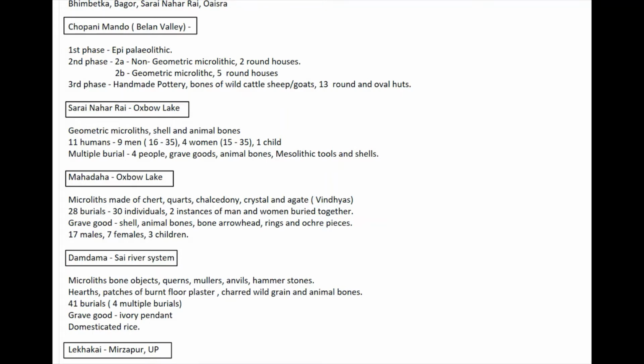The excavation revealed a 60-centimeter thick occupational deposit and distinct areas associated with habitation and butchering. The microliths were made of chert, quartz, chalcedony, crystal, and agate, all of which must have been brought over a fairly long distance across the river from the Vindhyas. 28 burials of 30 individuals, including 2 instances of a man and woman buried together, were found within the habitation area.